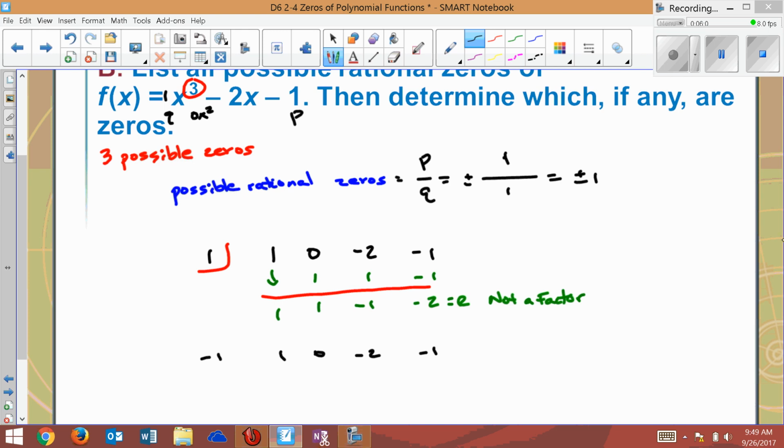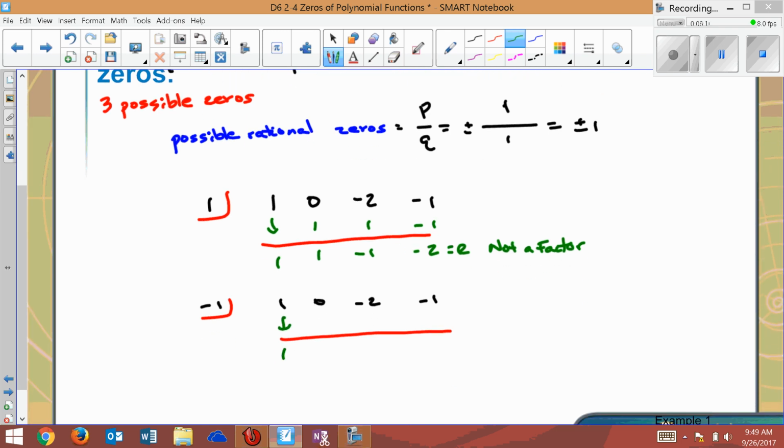Because it wasn't a factor, I can't simplify. All right, so I pull down my 1 here. And I get -1, -1, -1 times -1 is +1, which is -1, +1 again, which is 0. That means this is a factor. So this time, -1 is my only factor.